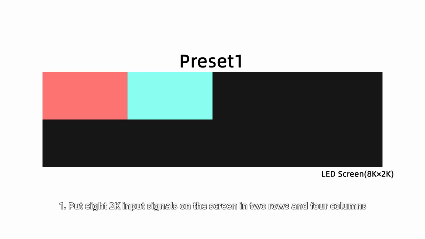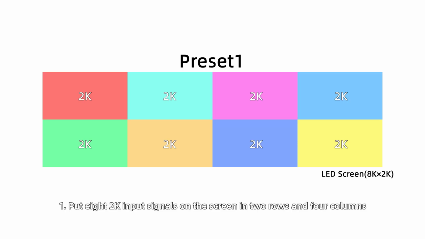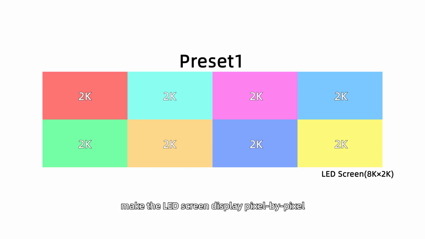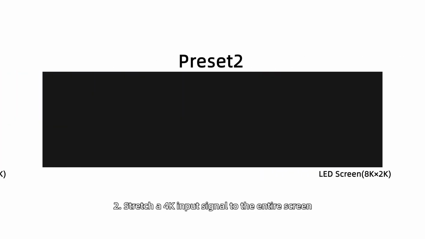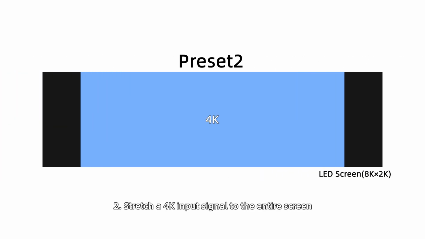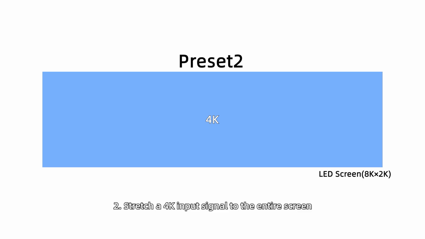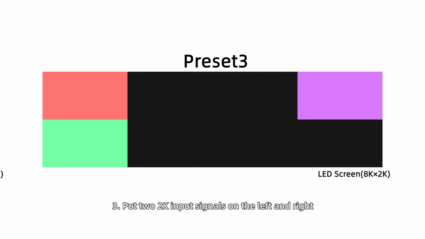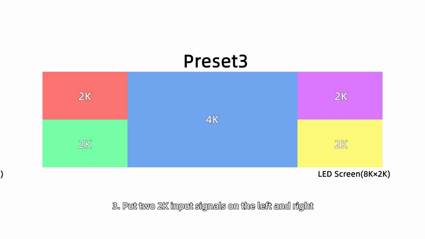Put 8 2K input signals on the screen in 2 rows and 4 columns. Make the LED screen display pixel by pixel. 2. Stretch a 4K input signal to the entire screen. 3. Put 2 2K input signals on the left and right and 1 4K by 2K input signal in the middle.